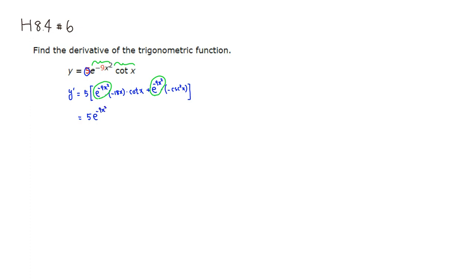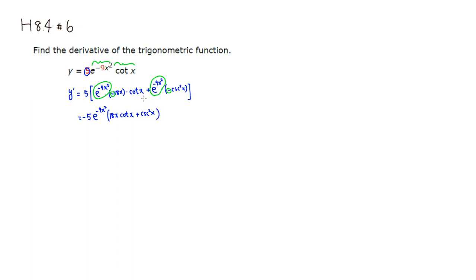And actually also there's a negative sign here. So I'm going to take care of that negative sign here and also negative sign there. I'm going to put the negative sign in front. So what's left is 18x cotangent of x plus cosecant squared of x.